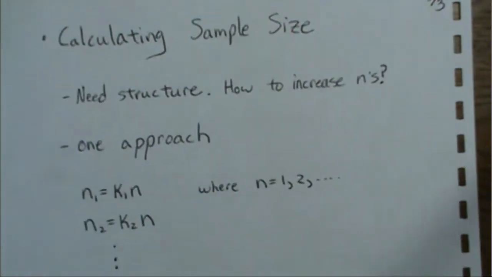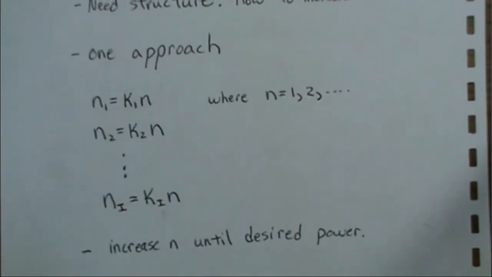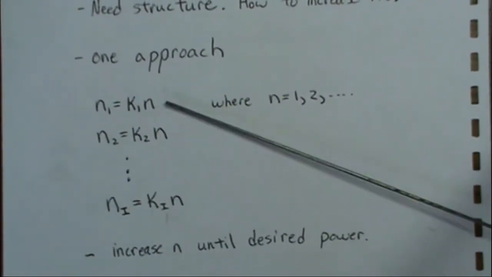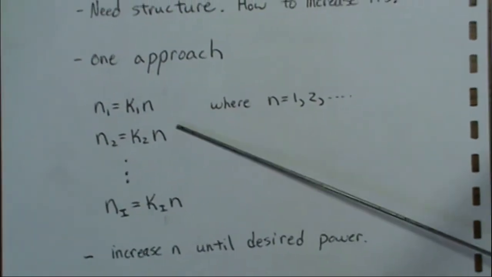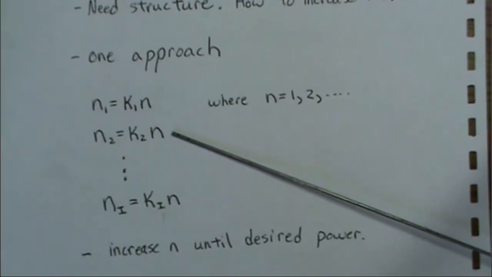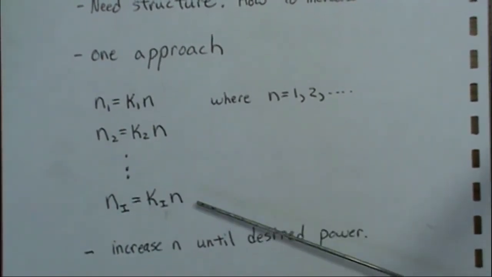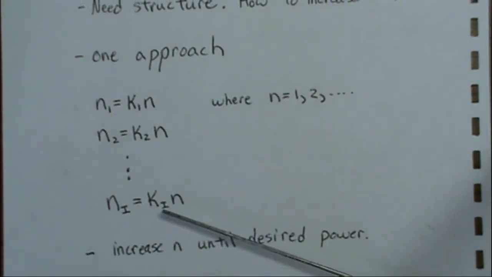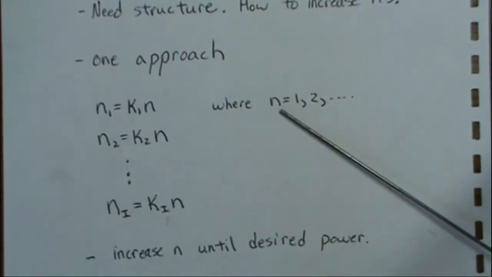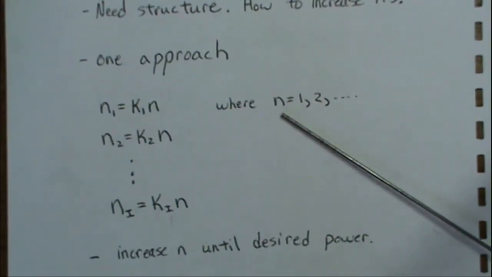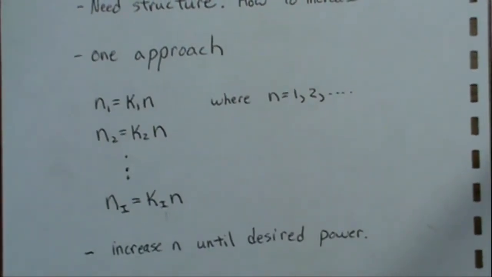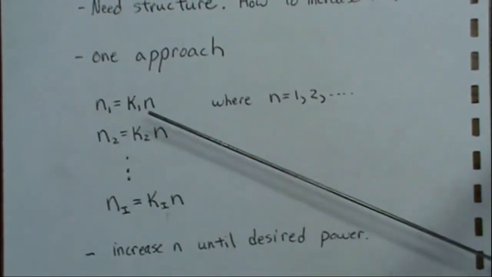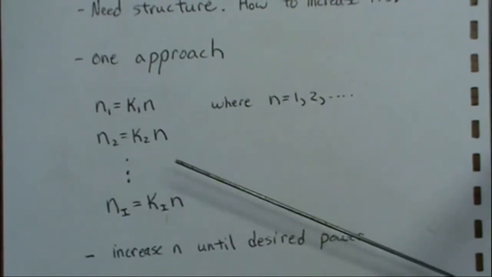So one approach would be to let the sample size in group 1 be K1 times N. Sample size in group 2 is K2 times N. Sample size in the ith group is Ki times N. And then you increase this variable here, 1, 2, 3, 4, 5. That allows us to set up any ratio we want.